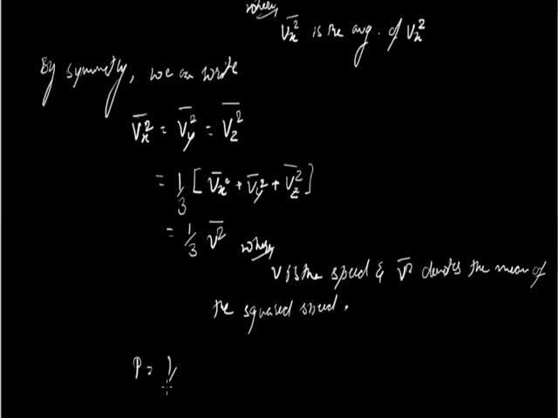So here we can write P is equal to 1 by 3 n m v square bar. Okay, that's all for today. Thank you.